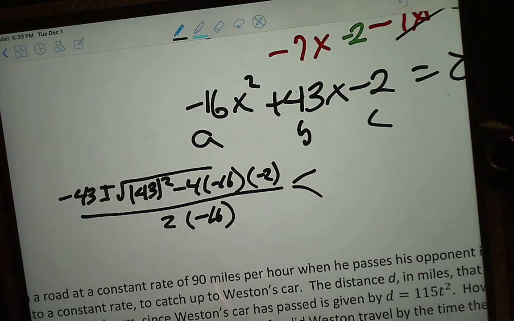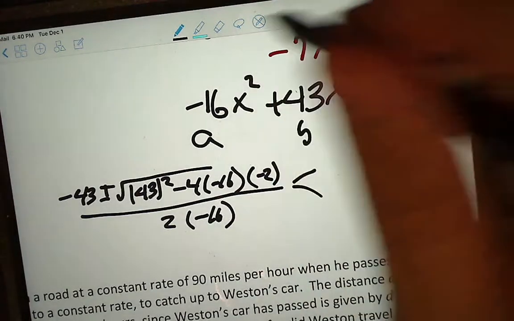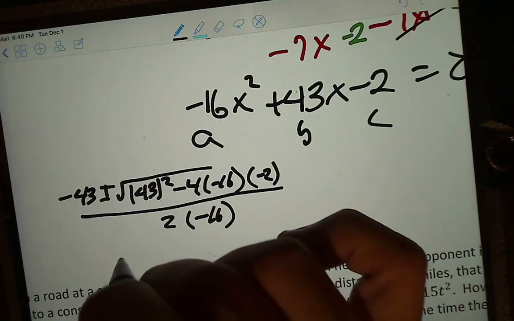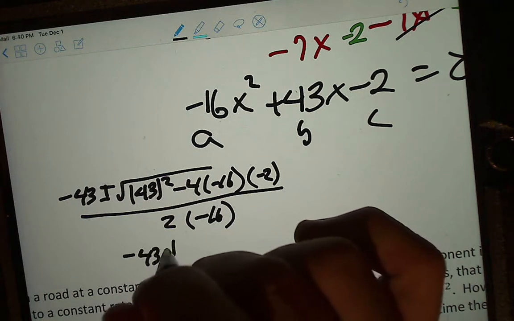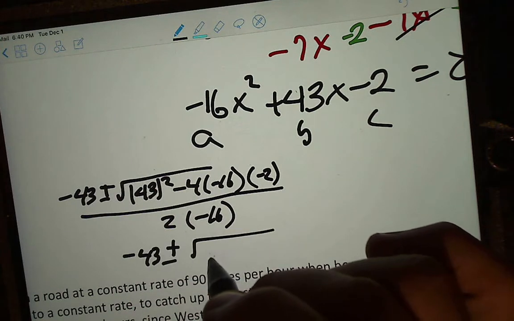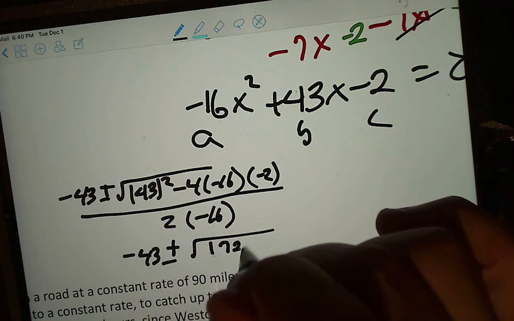And again, I'm going to get 2 answers out of this. So I'll do the number first to see. 43 squared minus 4 times negative 16 times negative 2. That gives me 1721.